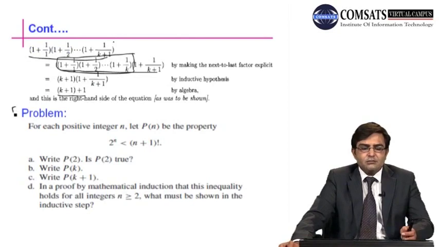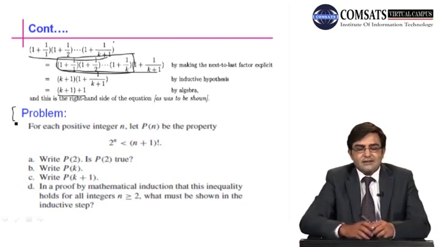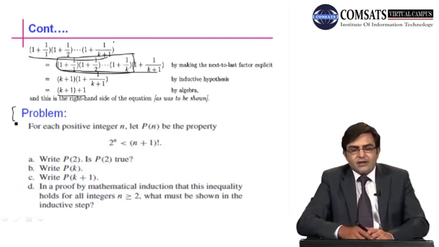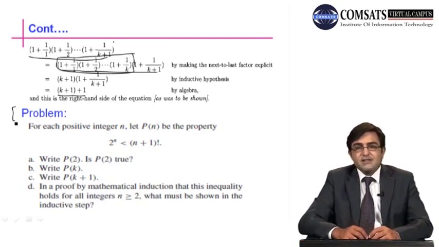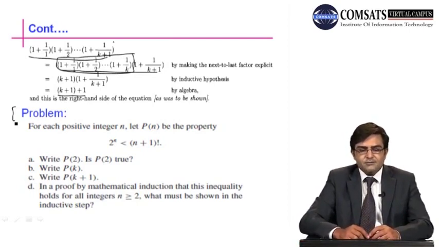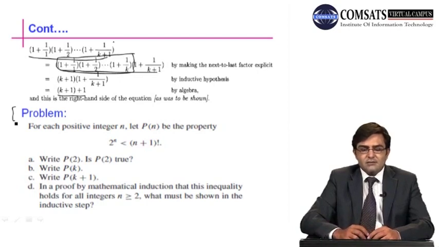Next is another problem. I want to leave it for you as an exercise. You try to prove it by using the principle of mathematical induction. So for each positive integer n, let P(n) be the property. This is basically an inequality: 2 power n is less than (n plus 1) factorial.